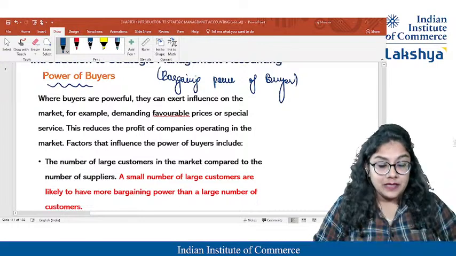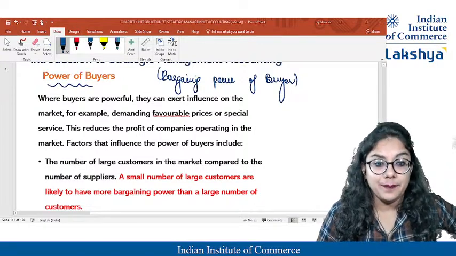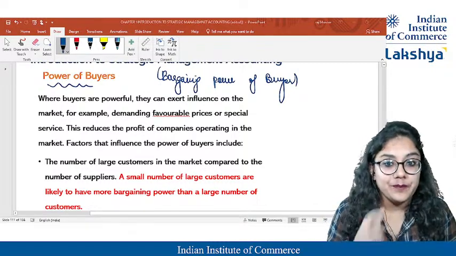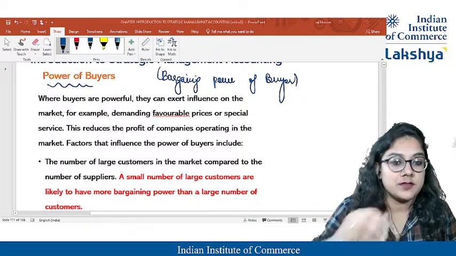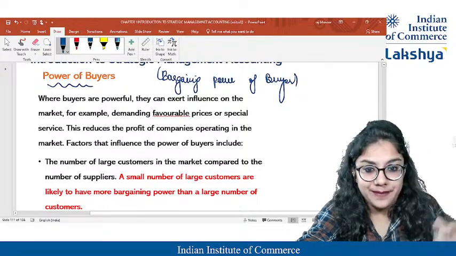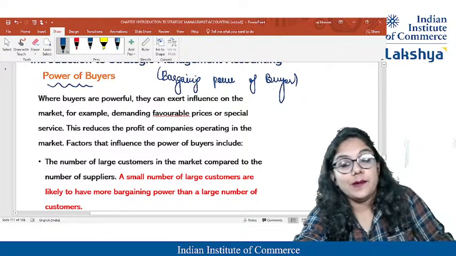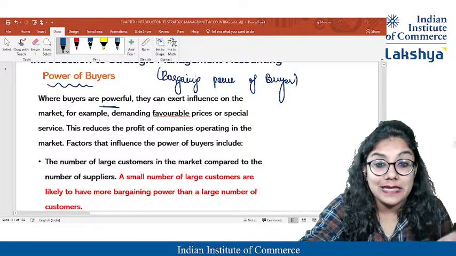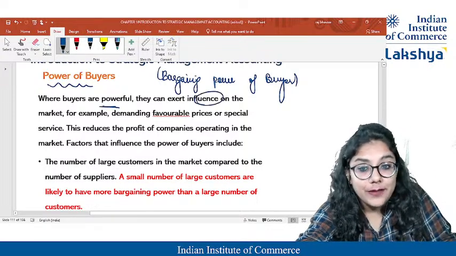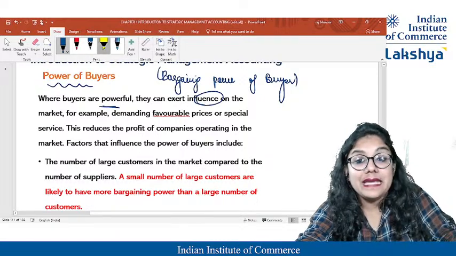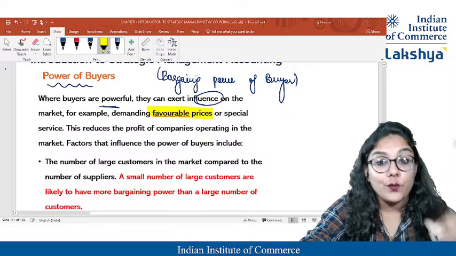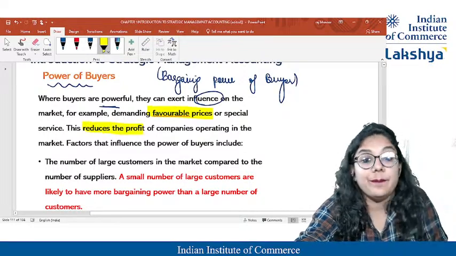That means the supplier cannot charge whatever they want, right? Maybe the company can also run at a loss for some time. Where buyers are very powerful, they can influence the market. For example, they can demand whatever favorable prices they want for themselves, which in turn reduces the company's profit.